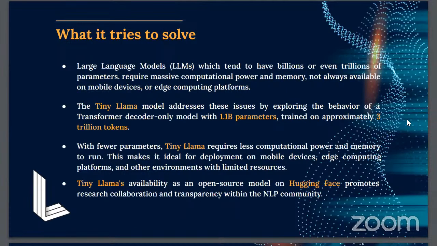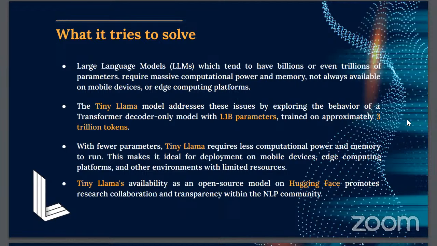So as you all know, 2023 is the era of large language models. Besides the huge applications and various potential use cases of LLMs, the LLMs, which tend to have billions or even trillions of parameters, require massive computational power and memory, and so are not always suitable for mobile devices and edge computing devices.